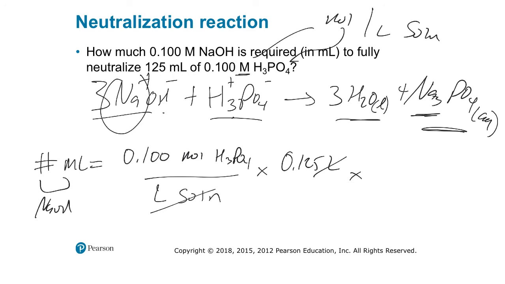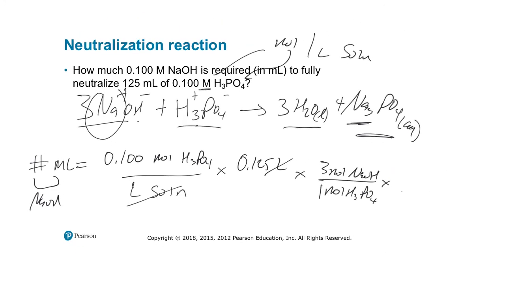For every 1 mole of H3PO4 that is present, we need to add 3 moles of sodium hydroxide to react with it. And then we're told that we're using a solution that has a concentration of 0.100 moles of sodium hydroxide per liter of that solution, and then a liter is 1,000 milliliters. I could add another step or just cancel out the liter for 1,000 milliliters in a single step.